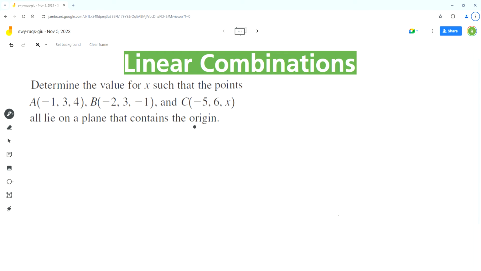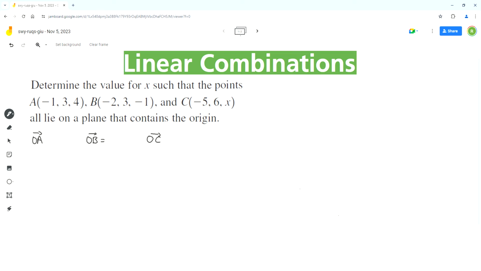the origin. So that means the vectors OA, OB and OC all lie in the same plane. So O represents the origin and A, B and C are the three given points.